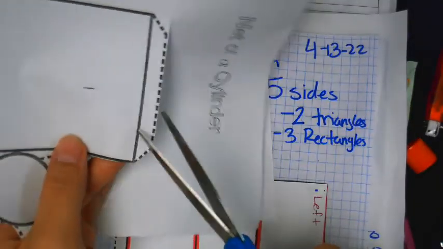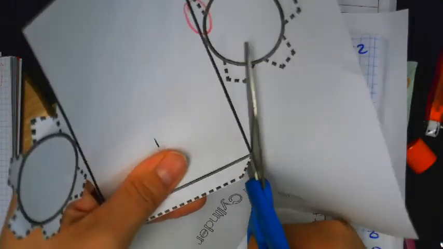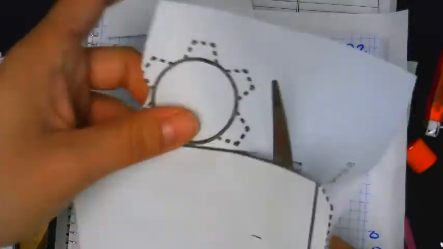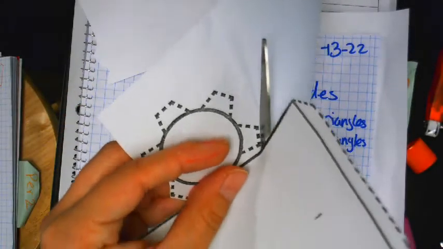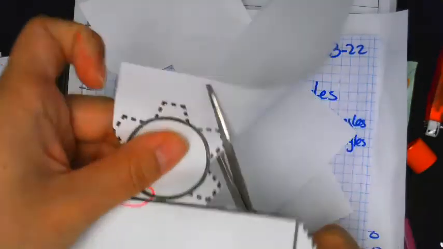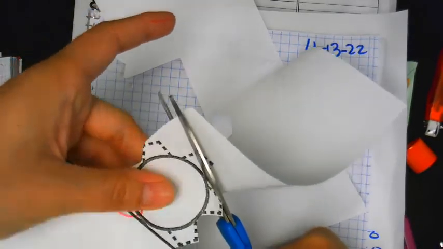No one, you can fix it. At the end of the day, how do I want it glued in your notebook? Flat. So we're going to go all the way around. This one's the one that takes a little bit longer.